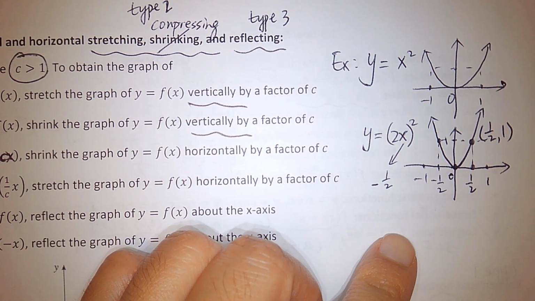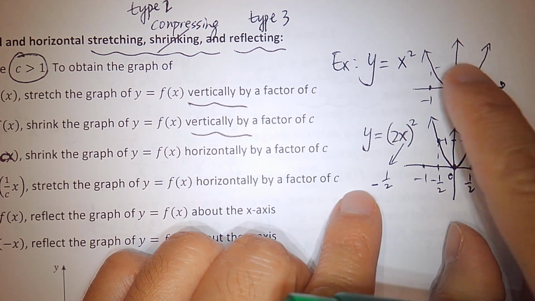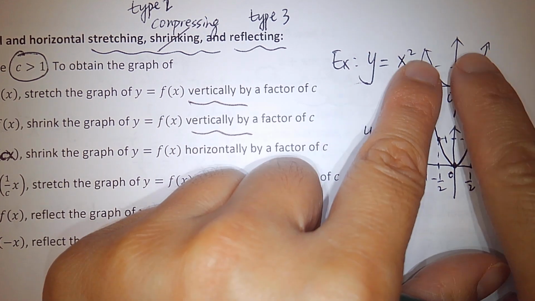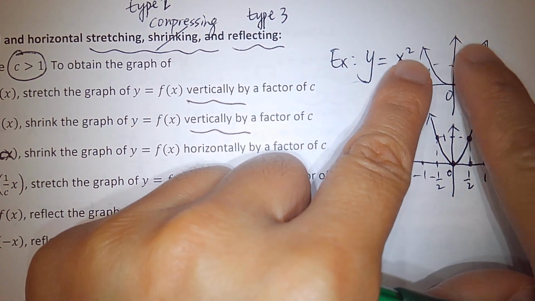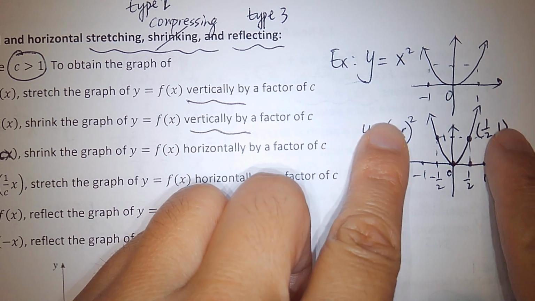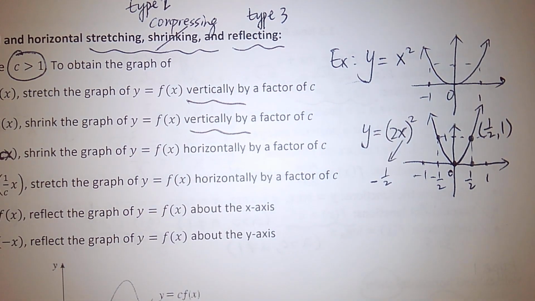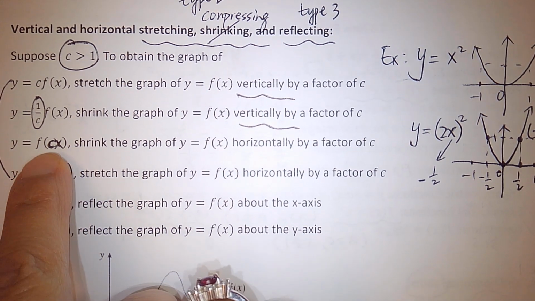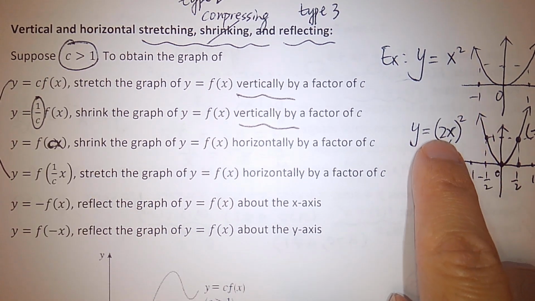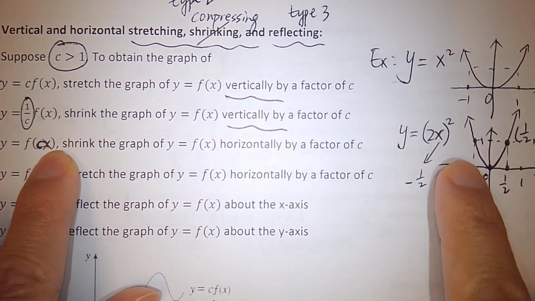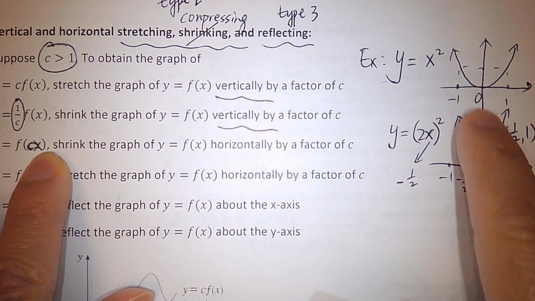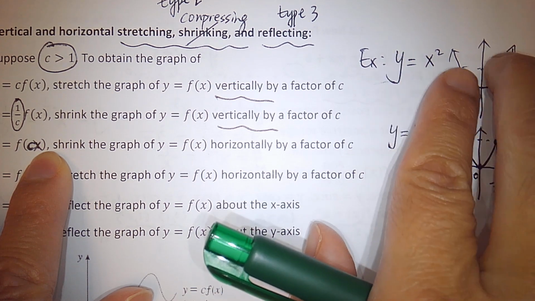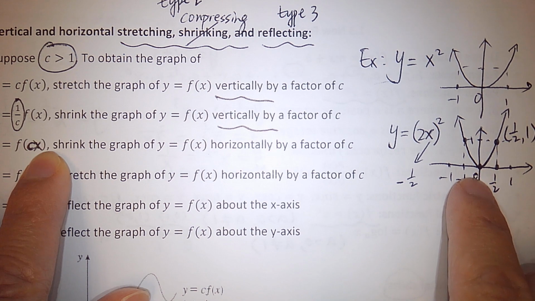Right, guys? Now, my point is, horizontally, do you think this graph comes from stretching the original graph horizontally or compressing or shrinking? Shrinking, right? This is an example: if c is greater than 1, which is 2 in this example, the new graph comes from shrinking or compressing the original function horizontally by a factor of 2.